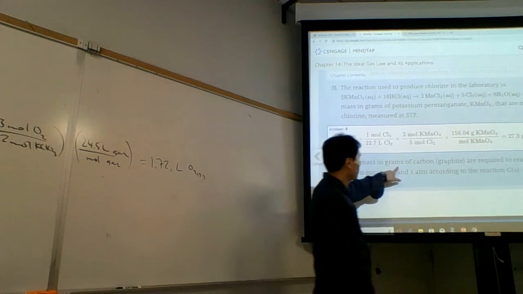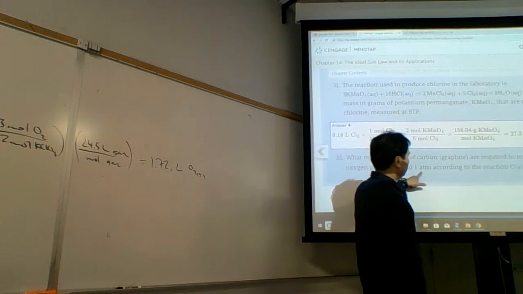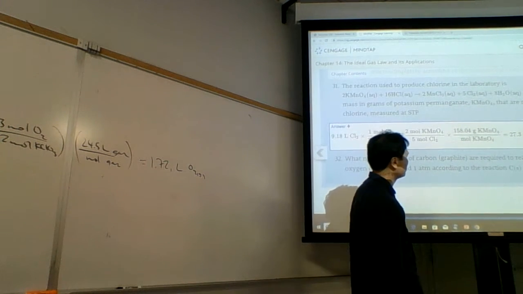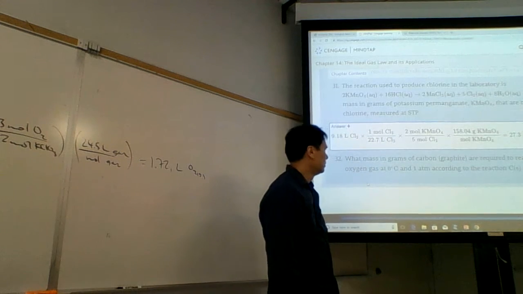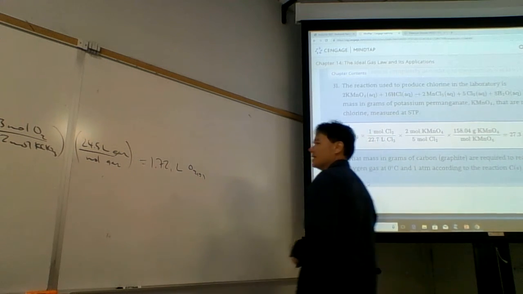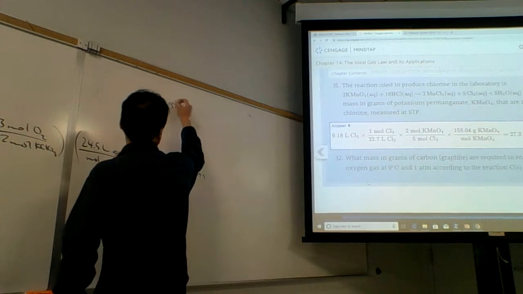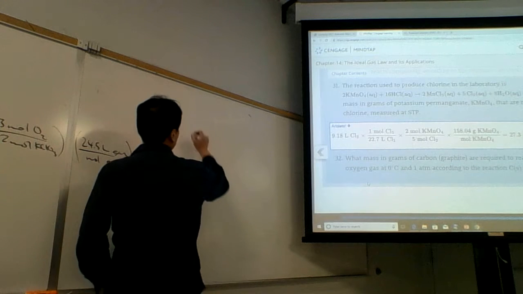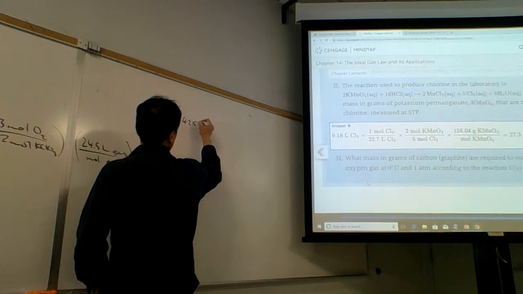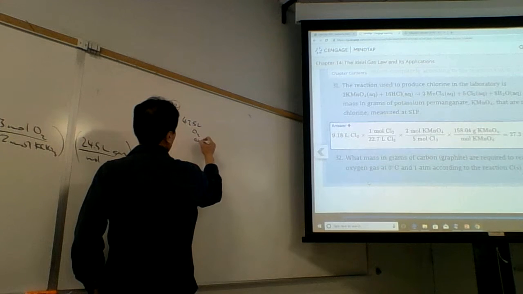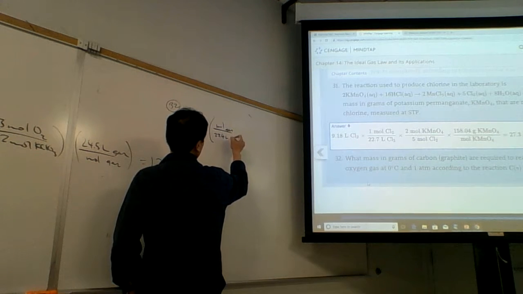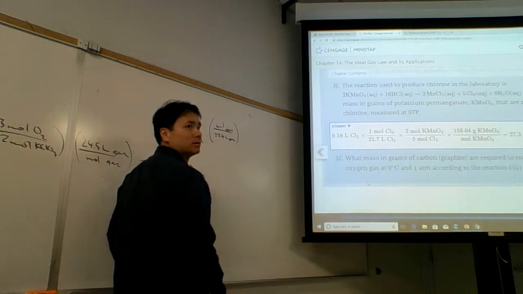What mass in grams of carbon graphite are required to completely react with 42.5 liters of oxygen at 0 degrees C and 1 atmosphere? This is the old STP. Number 32, I'll do it with the old STP. So we have 42.5 liters of O2 gas. 1 mole of any gas is 22.4 liters.